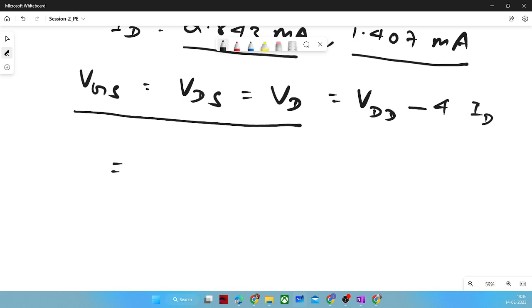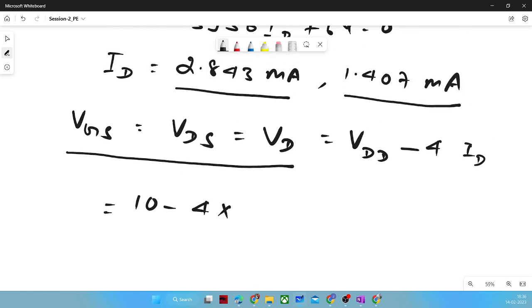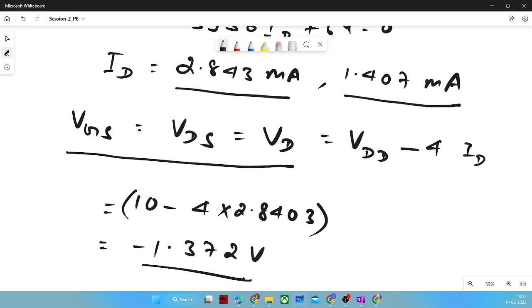VDD was 10, and if we put 4 into ID, the first value of ID, that is 2.843, you will get by this calculation minus 1.372 volt.